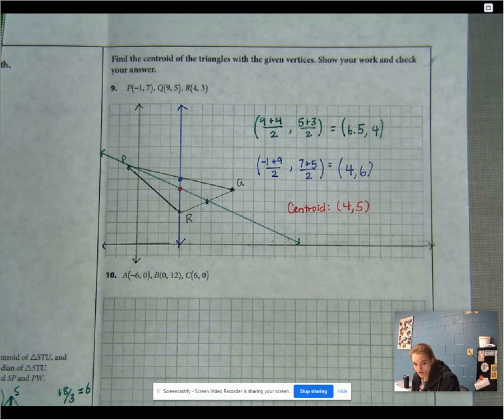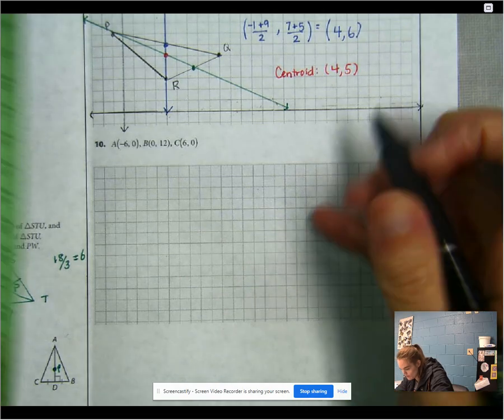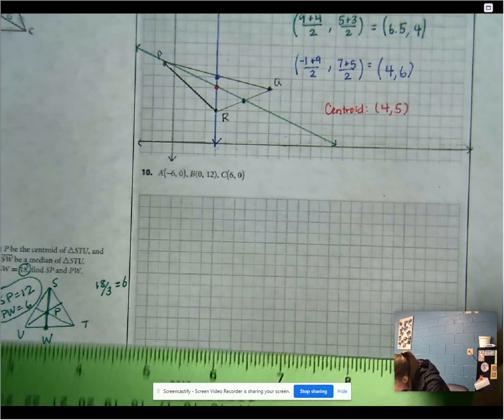Let's look at number 10. You could probably pause the video and try to find the centroid yourself. That's the last one we're going to do. Okay, graph this.